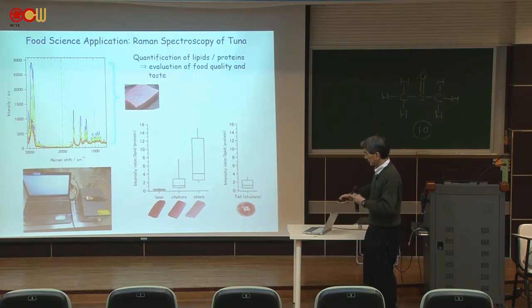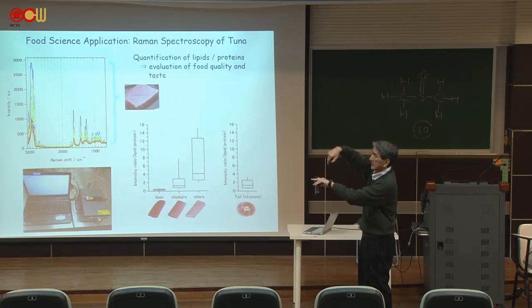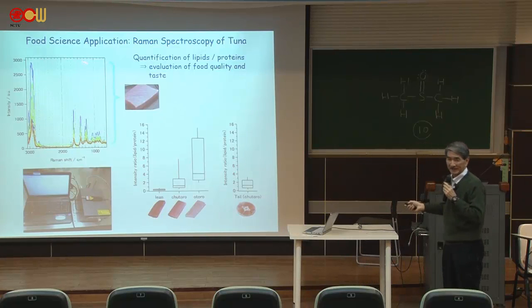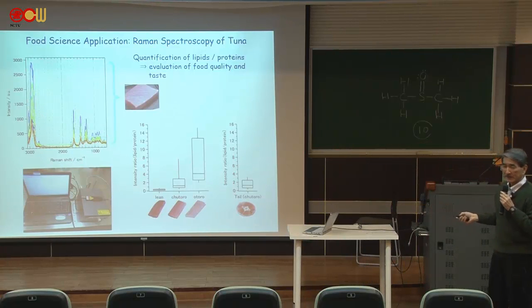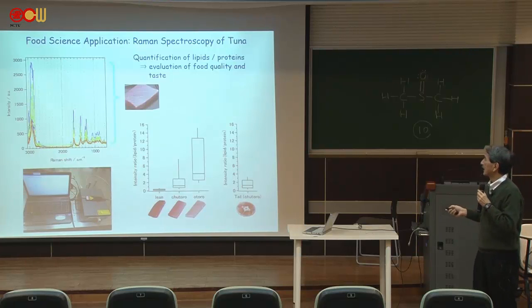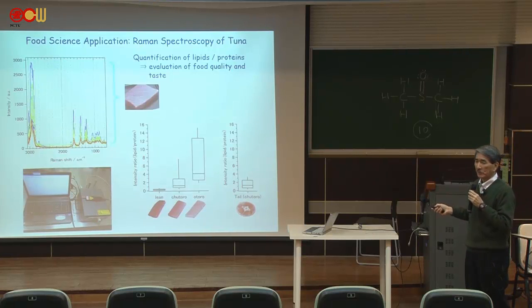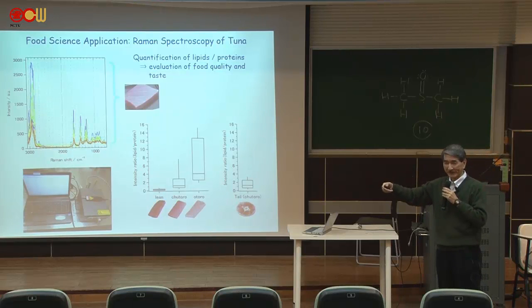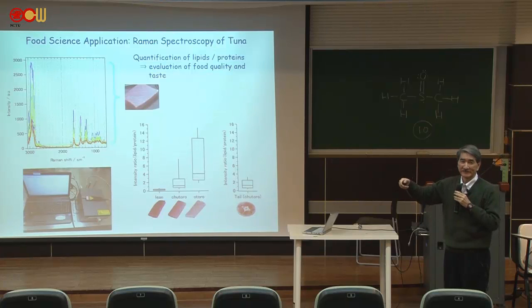So this is a spectrometer of this size. And this probe is just this size. You just shine your laser like that and get the Raman spectrum of those tuna. So we are now collaborating with some people to carry it into some market or fish market or something, and to measure tuna, to evaluate the value of the tuna, something like that.